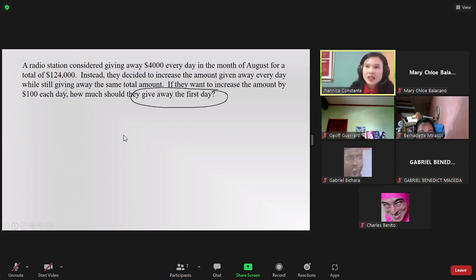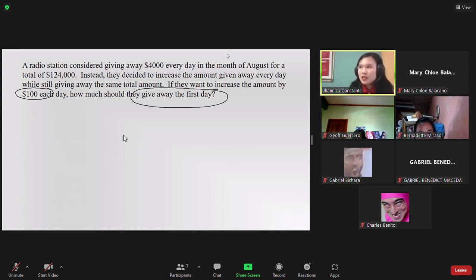Kung mag-i-increase the radio station each day ng 100 pesos, and if the total that they give for the month of August is equal to 124,000.